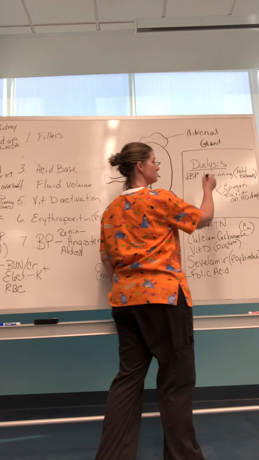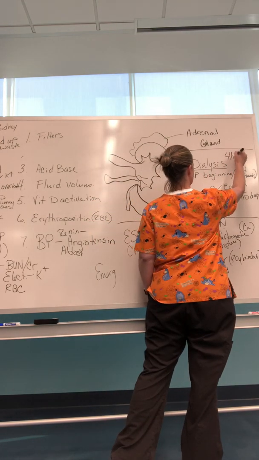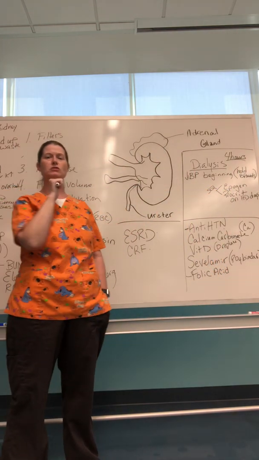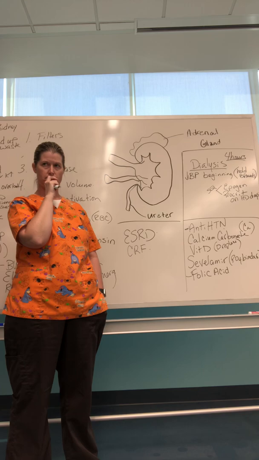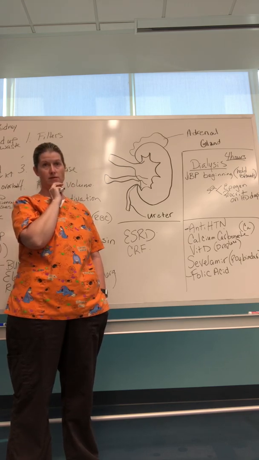How long does dialysis take? It takes about 4 hours. What is your responsibility when the patient is getting dialysis? What kind of a nurse is in the room? Dialysis nurse. What kind of a nurse is a dialysis nurse?